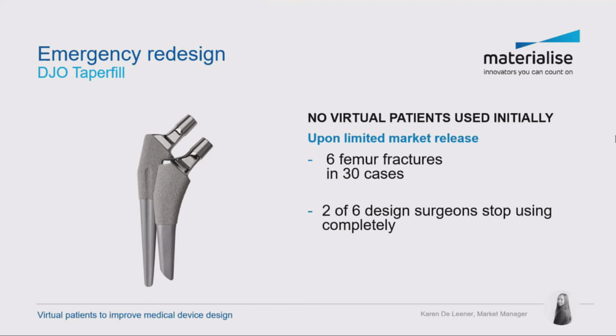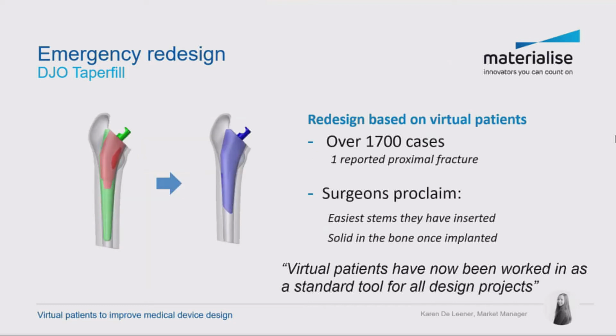So that's when they turned to virtual patients. And what happened then is, first of all, we made a statistical average of the femur model. And then we virtually implanted the DJO Taper Fill device. And that revealed actually that the geometry of the implant didn't conform to most of the anatomies in certain areas.